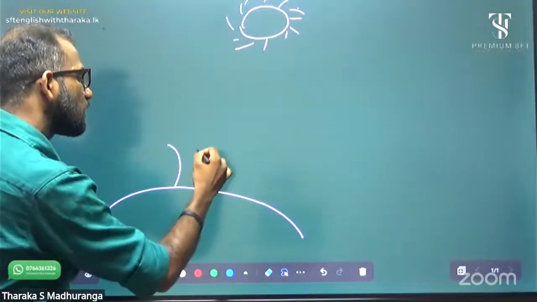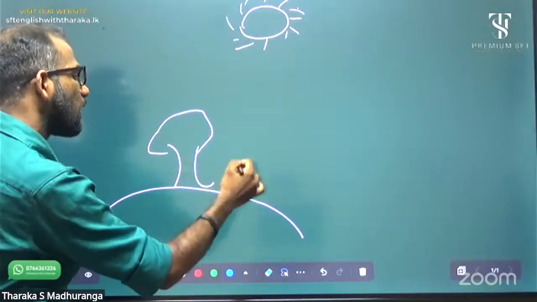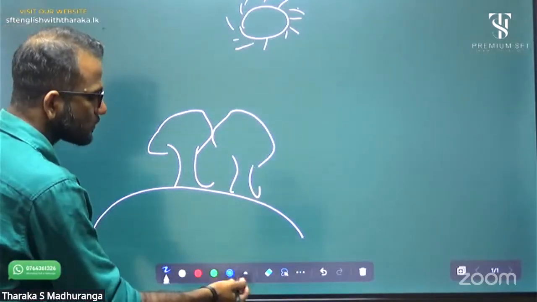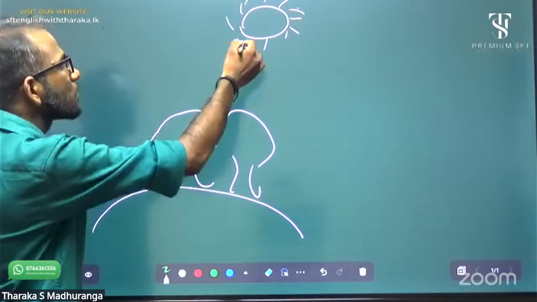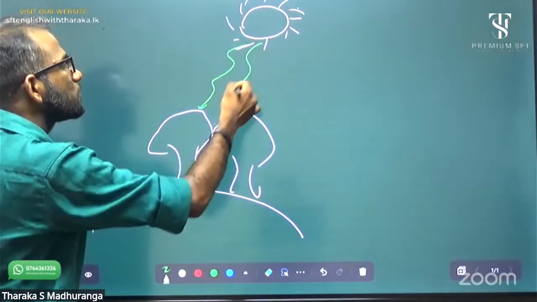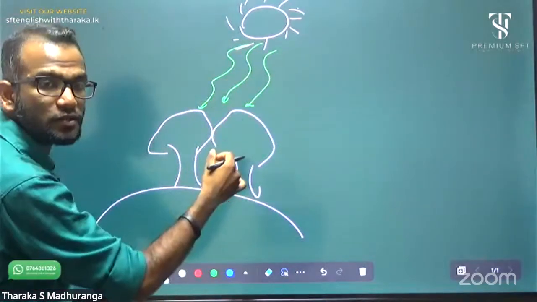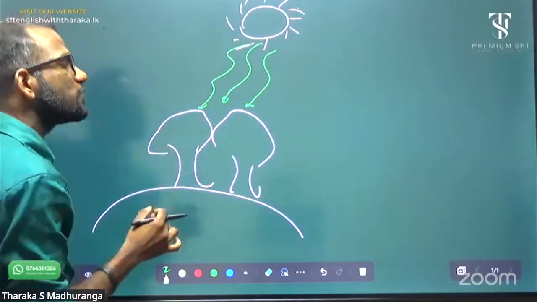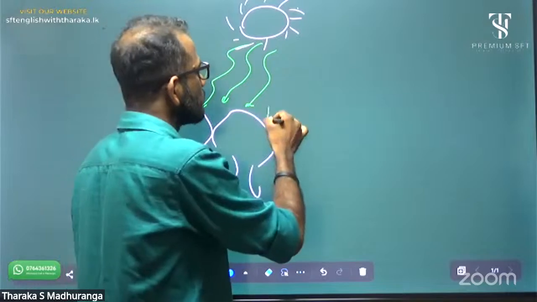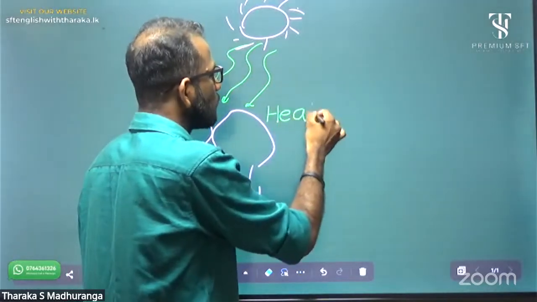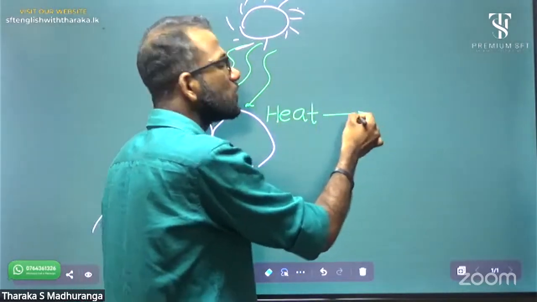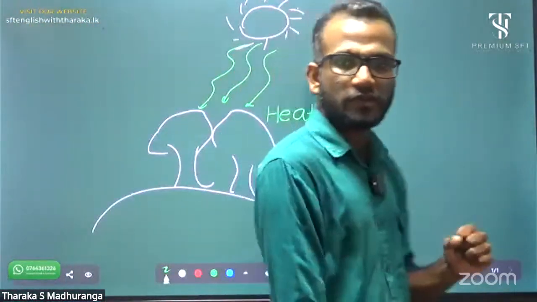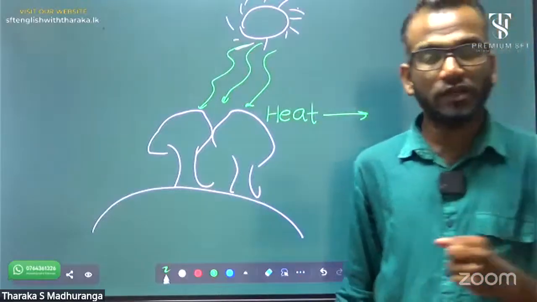This heat and light energy is absorbed by plants, and they do the photosynthesis process, right? In the photosynthesis process, this heat and solar energy is converted into which energy?